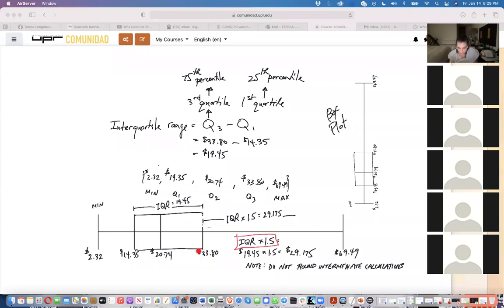So what is 33.8 plus 29.175? You get to 62.975.